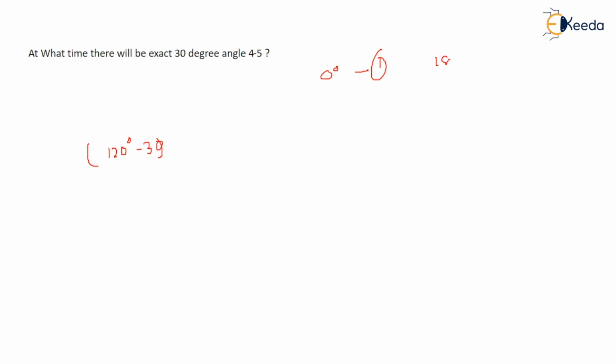Similarly 180 appears only one time. 90, 30, 45, all these appear two times in 1 hour. So 120 minus 30, times 2 by 11, simple formula. So after applying this, what do you get? You get 180 by 11.